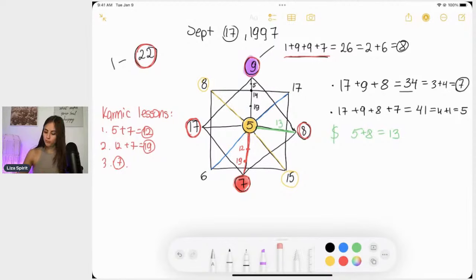So if you know chakras, I'm not going to go deep in talking about that because I know it's a completely different topic. But this main line from bottom to top, it's all about different chakras.